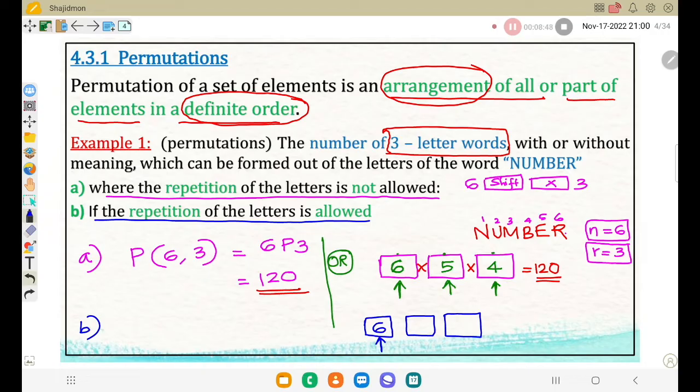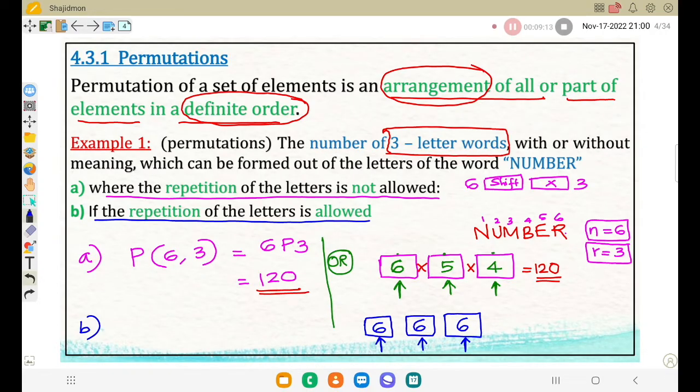Now whatever we write in the first letter, we can write the same letter in the second also, because repetition is allowed. So how many options in the second box? Also 6. And how many options in the third box? Also 6, because repetition of the letters is allowed.